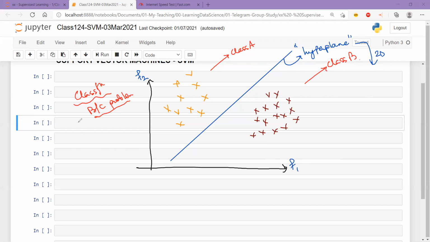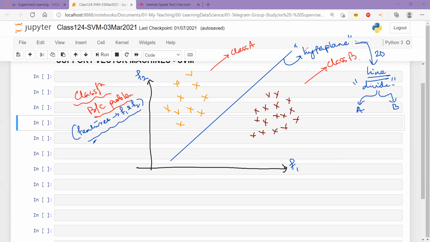So my data has features f1 and f2. In a 2D case, this hyperplane is basically a line, and the line is creating a divide.